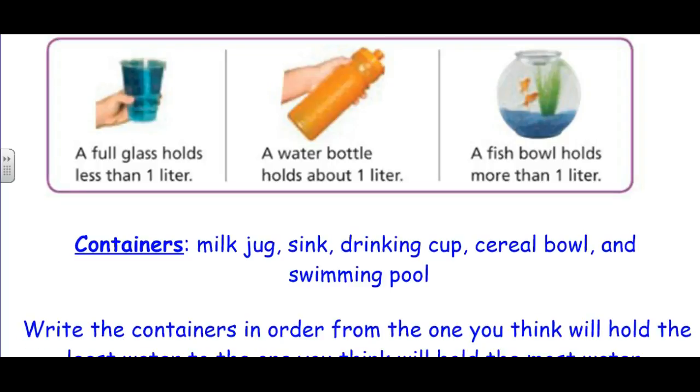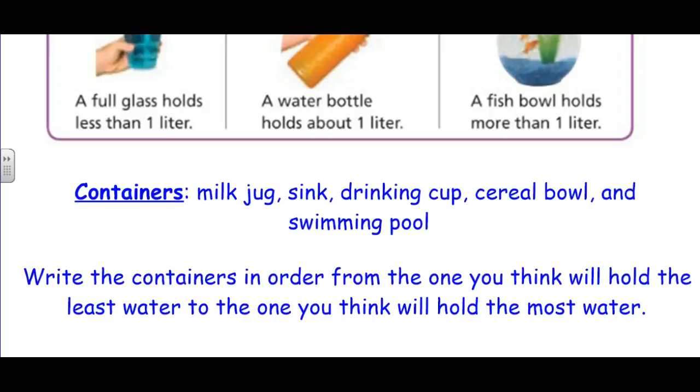So we're going to do this like what we did when we were working with grams and kilograms. We listed the objects from the greatest mass to the least mass. So these containers we're going to write in order from the ones that you think will hold the least water to the ones that you think will hold the most water.